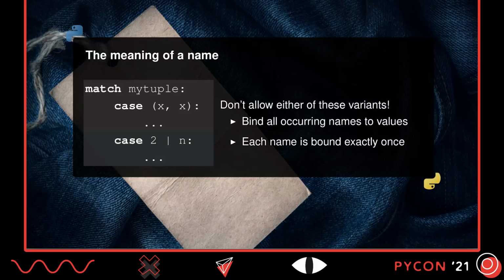The second one would be outlawed because either we bind no variable at all or we bind to the variable n. Both alternatives would have to define the same set of variables in order for this entire thing to make sense.